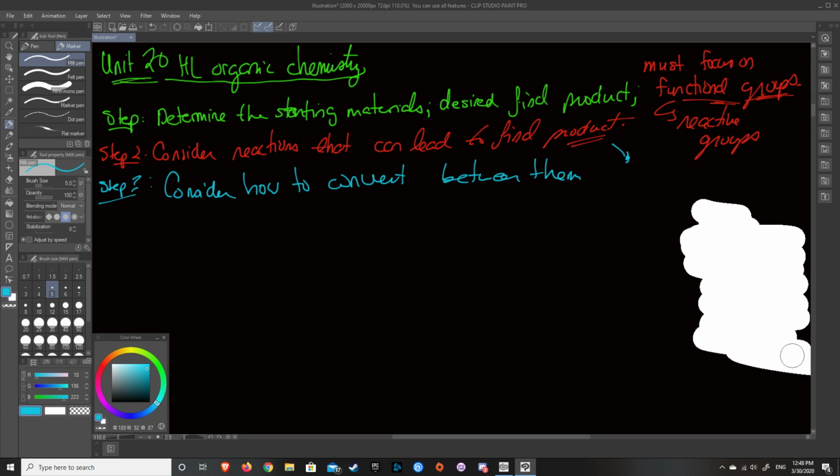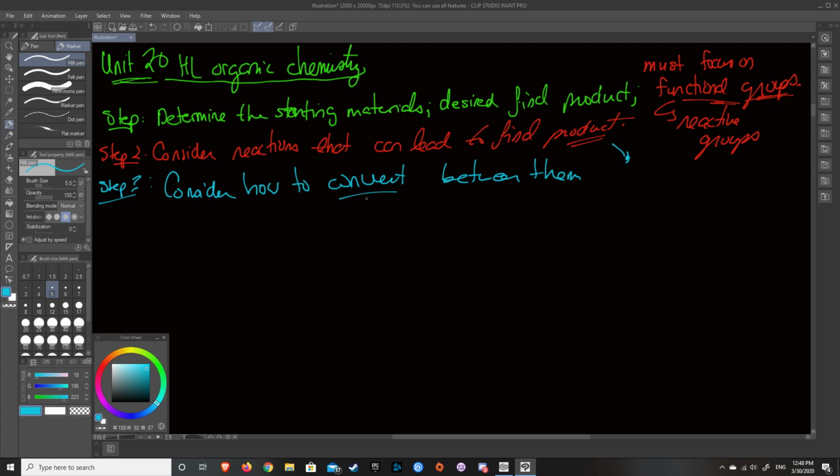So basically, how can we convert between the starting product and the final product? And the last step, step 4, is basically just designing a pathway with, what I like to say, minimal steps and time required.